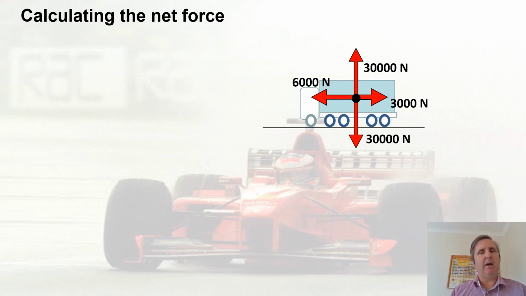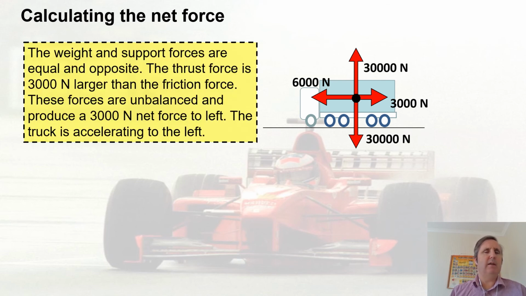So you can see the upwards force and the downwards force of 30,000 newtons are equal, but the forwards force of 6,000 newtons is larger than the backwards force of 3,000 newtons, or the force to the left. Now, the weight and the support force are equal and opposite, so they cancel out. The thrust force is 3,000 newtons larger than the friction force.